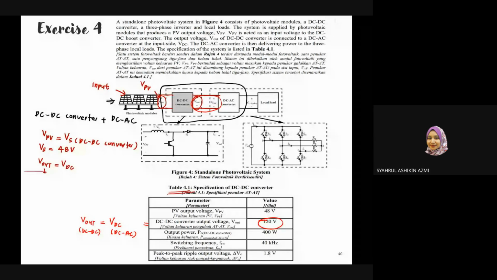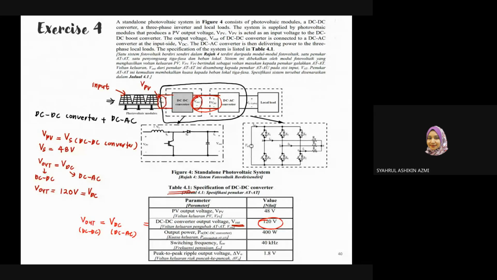V out of your DC to DC converter is the input for your inverter, DC to AC. Okay, look at this one here. Your V out is given in table 4.1 as 120, which will be the same as the input voltage of your inverter, VDC.